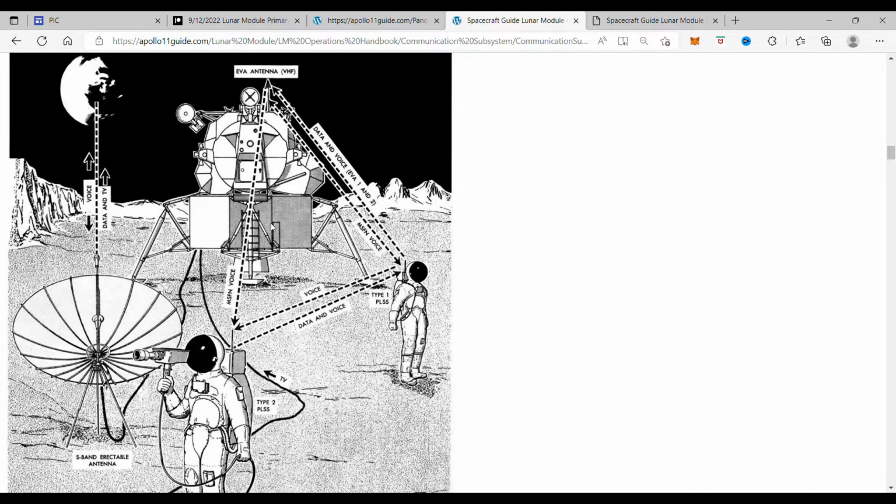When the Lunar Module is on the lunar surface and both astronauts are outside the Lunar Module, the Lunar Module relays communication between the astronauts and the Manned Space Flight Network. When astronauts are in the roving vehicle, the Lunar Communications Unit mounted on the LRV is the communication relay.